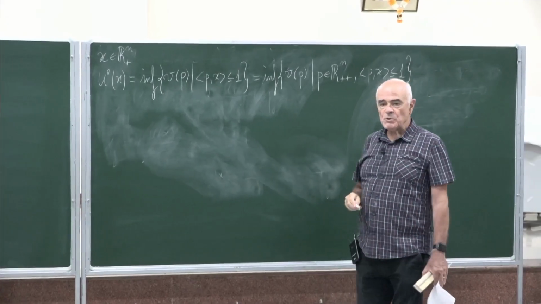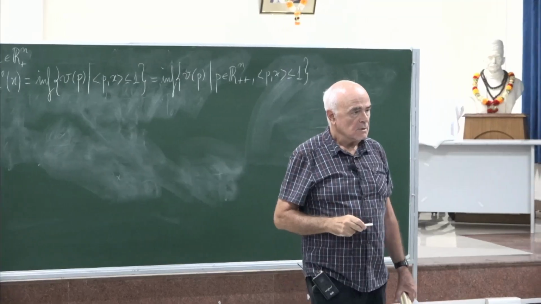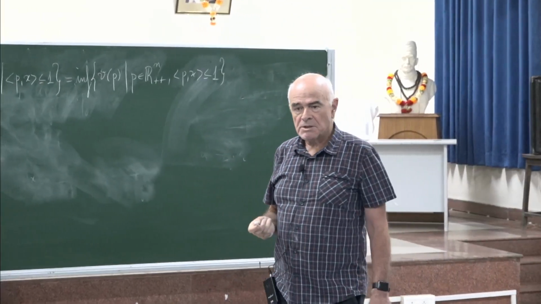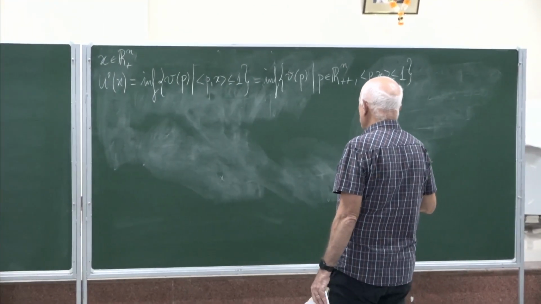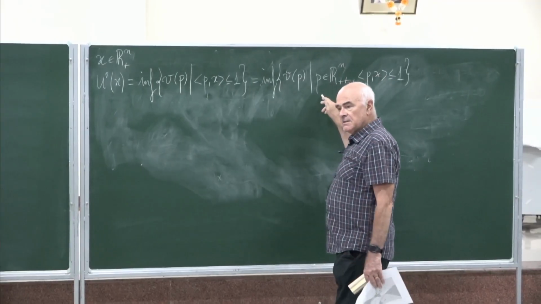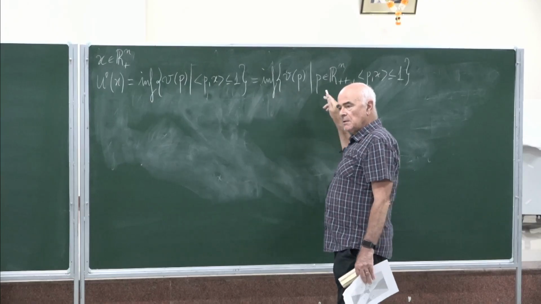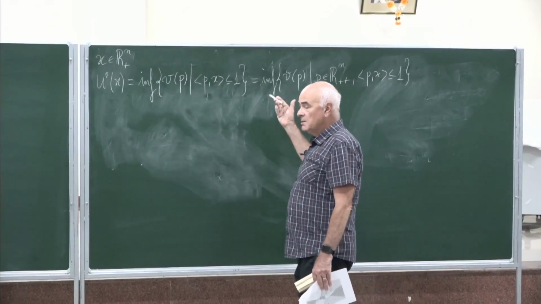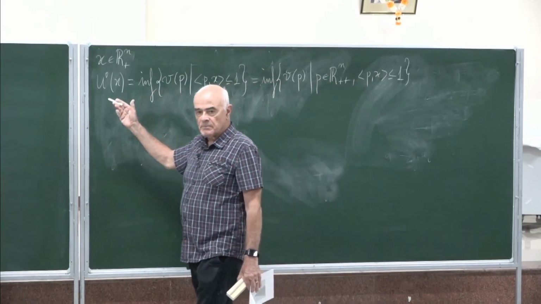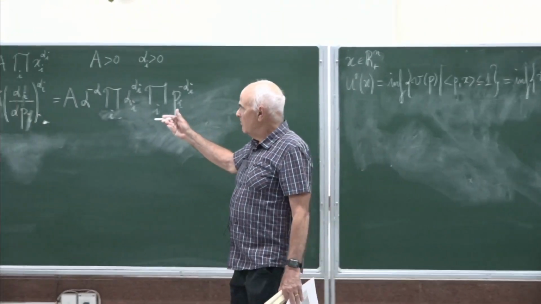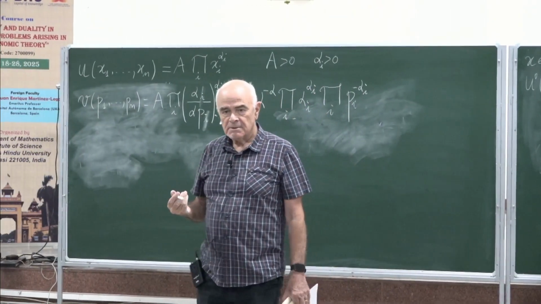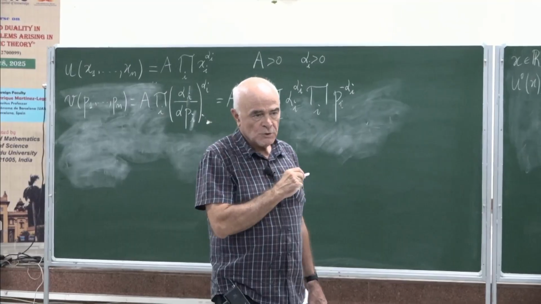But if I impose this extra condition, the optimal value does not change, because the p's I am excluding by imposing this constraint are not candidates for the infimum, because V of p is plus infinity for those p's.